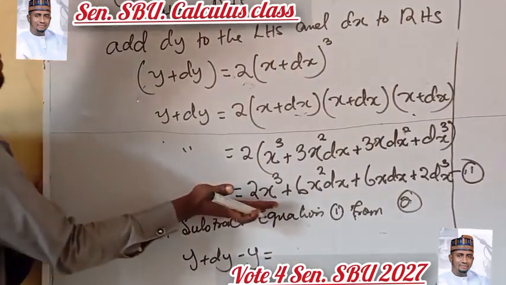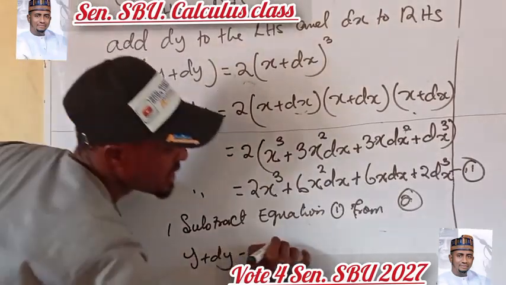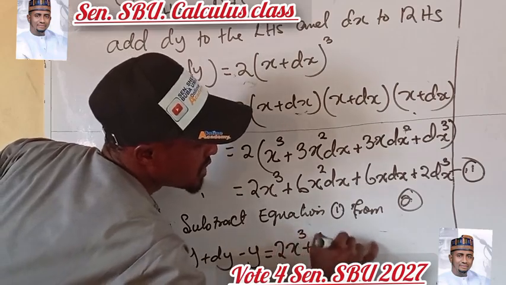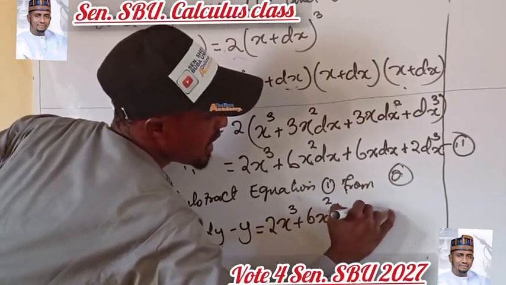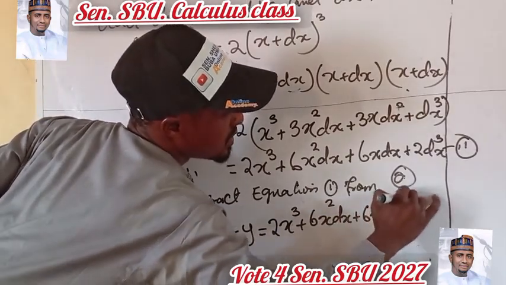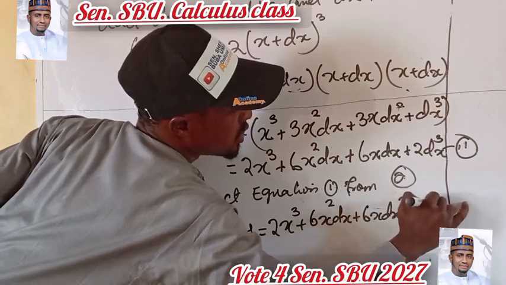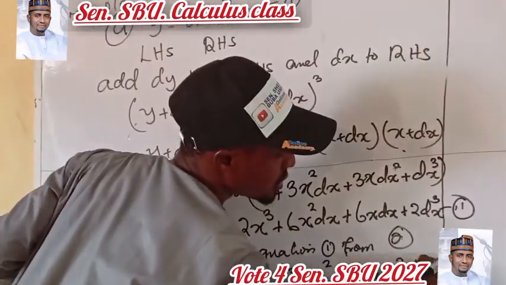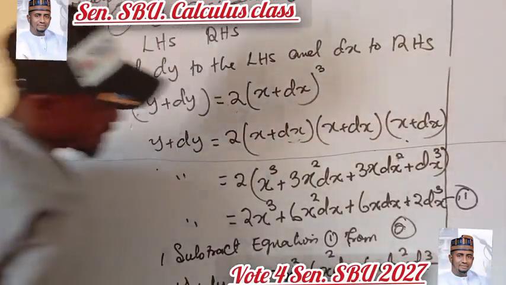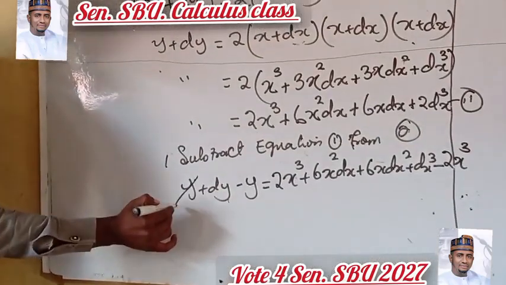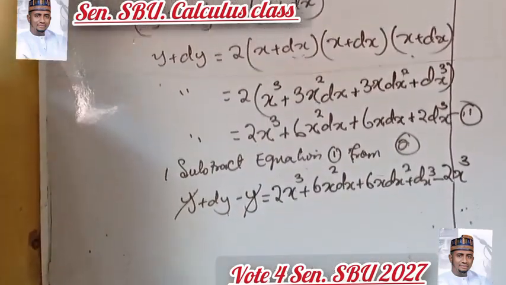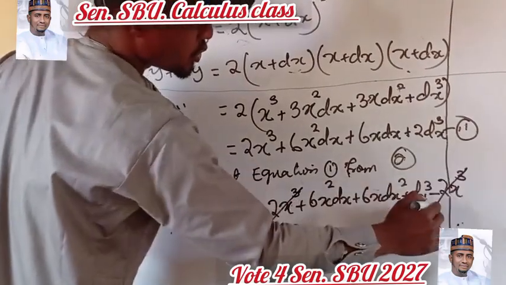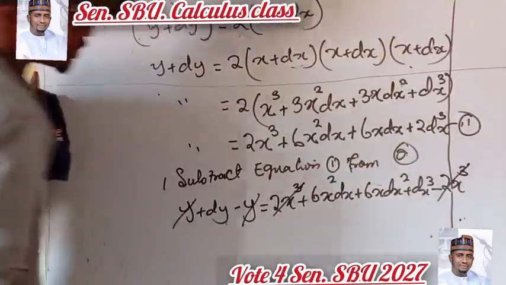Then you put all the things we have here as the right hand side of equation 2: 2x cubed plus 6x squared δx plus 6x δx squared plus 2δx cubed. Then you say minus 2x cubed. If you look at it, from the left hand side, y cancels minus y. And from the right hand side, 2x cubed cancels minus 2x cubed.